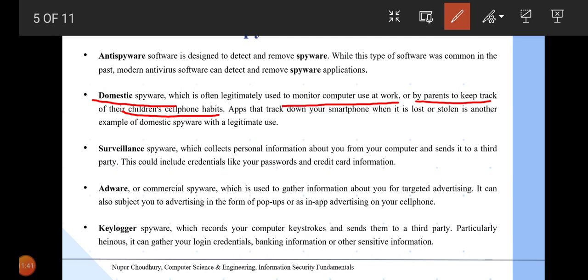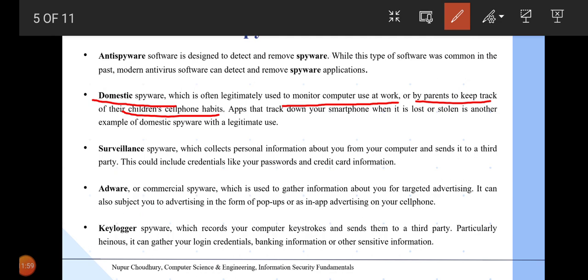But these are just the correct applications of spyware. Now these same applications can be used to attack your system if this spyware is compromised. So that is a non-legitimate use of spyware.